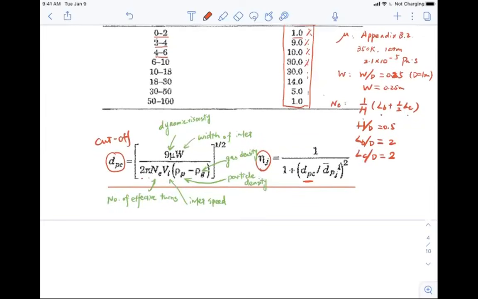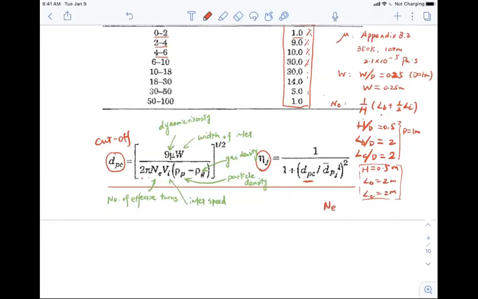And also we have D equal to 1 meter, which means that H is equal to 0.5 meter, LB is 2 meters, and LC is 2 meters, right? So now we can plug all of these dimensions into this equation. I'm just going to write the equation again.